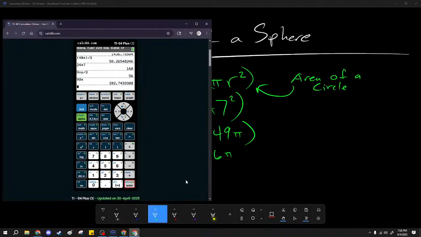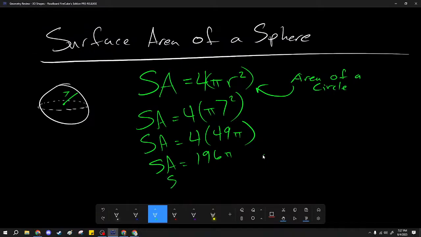Plugging that in, 196 pi is 615.75 units squared.